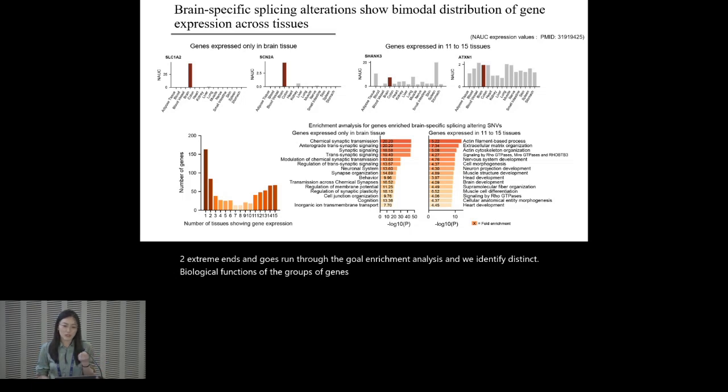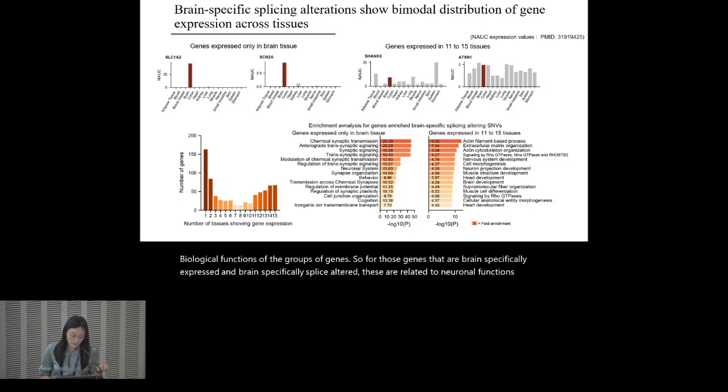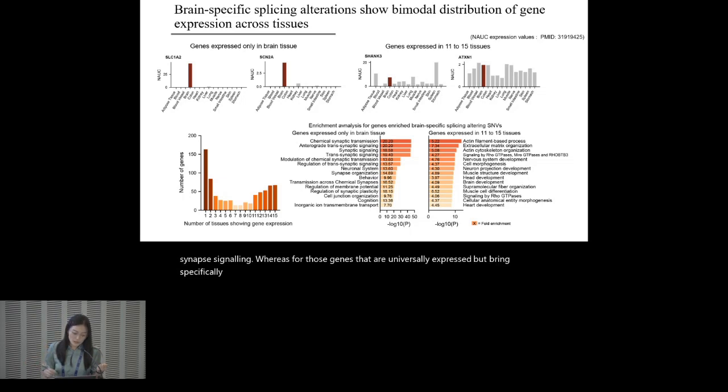So for those genes that are brain-specifically expressed and brain-specifically splice-altered, these are related to neuronal functions like synapse signaling. Whereas those genes that are universally expressed but brain-specifically splice-altered are enriched for actin filament and extracellular matrix organization, these types of functions.